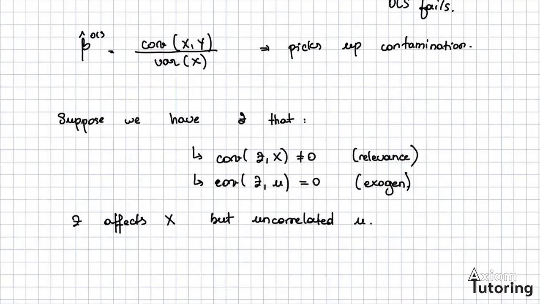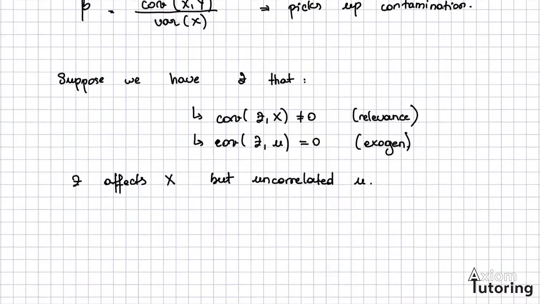The key insight is that because Z is exogenous, so the covariance between Z and the U term is equal to 0, you can use Z to isolate the signal in X that is free from contamination.